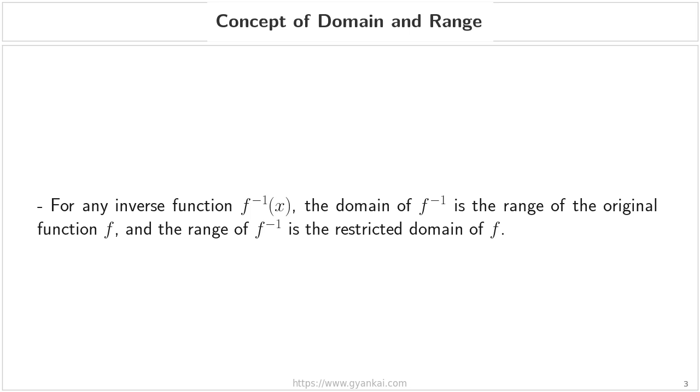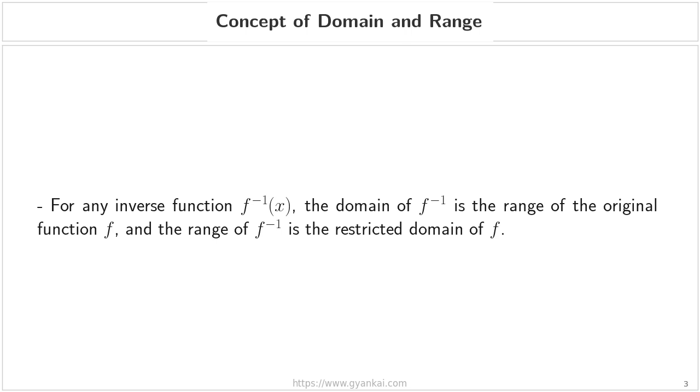In simpler terms, the set of possible outputs from our original function becomes the set of allowed inputs for the inverse. Secondly, the range of the inverse function, f inverse, is the restricted domain of the original function. This is where the concept of the principal value branch comes into play.